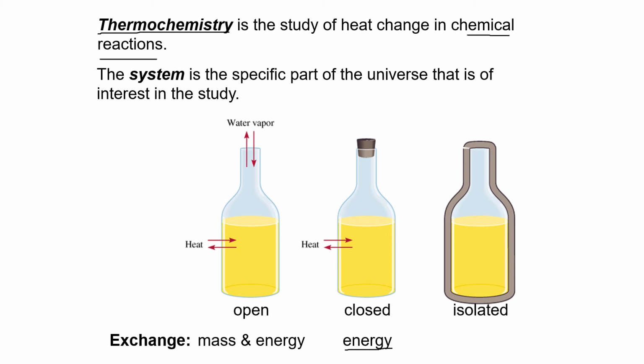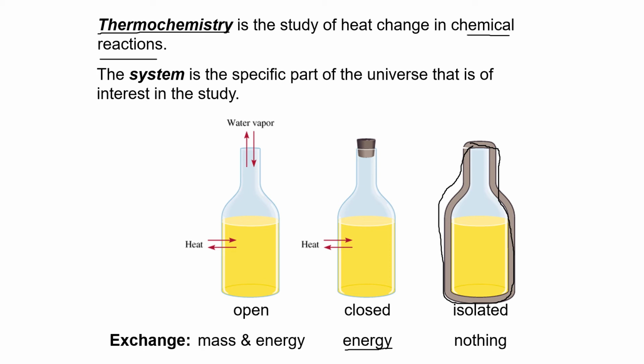And the final system is the isolated system, where we have now insulated our container, which prevents heat transfer into or out of that system. Nothing can move in or out of that bottle. So that's the isolated system.